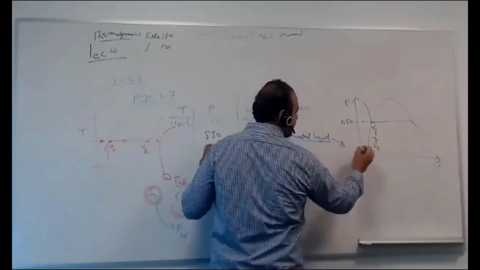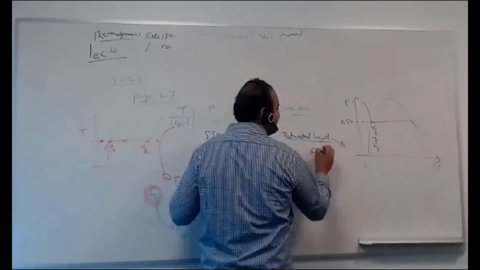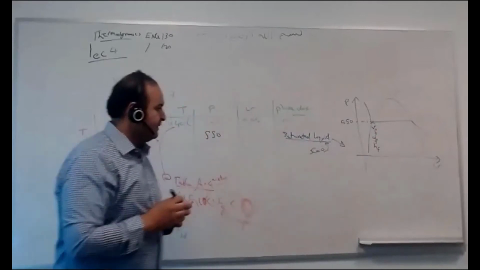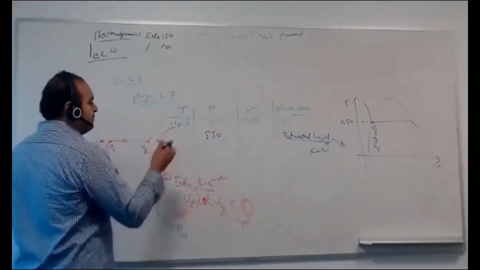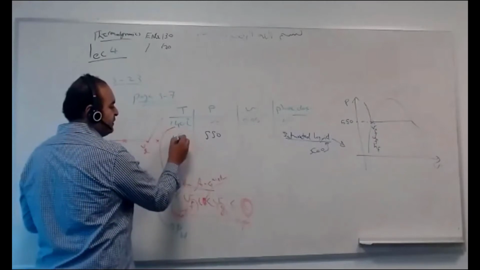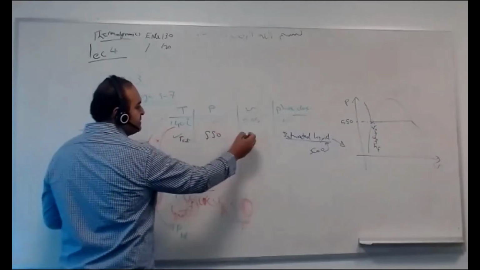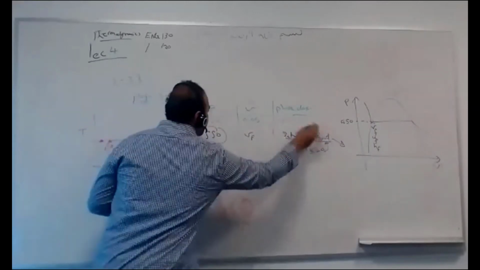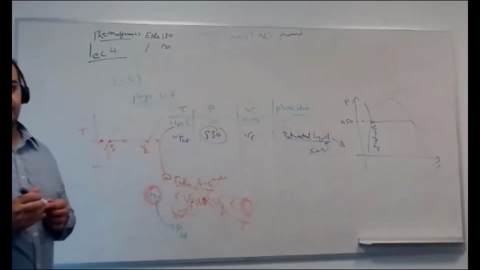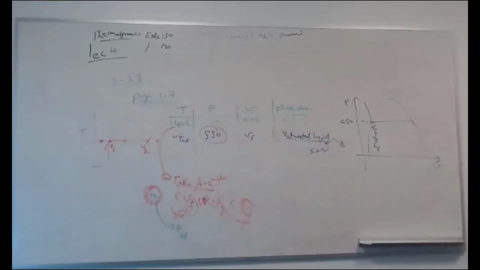What is the quality, guys? Quality is 0. So I can get the temperature, T saturation. I can get the specific volume, which is VF at this pressure, and X equals 0. So at saturated liquid, X equals 0, quality 0. At X equal 1, quality is 100%, saturated vapor.